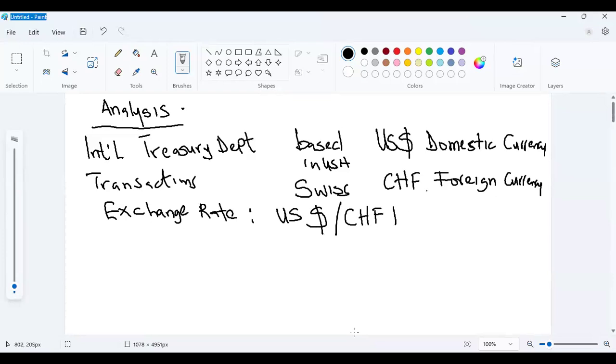If you look at it, it is domestic currency per 1 foreign currency. This is a direct quote.